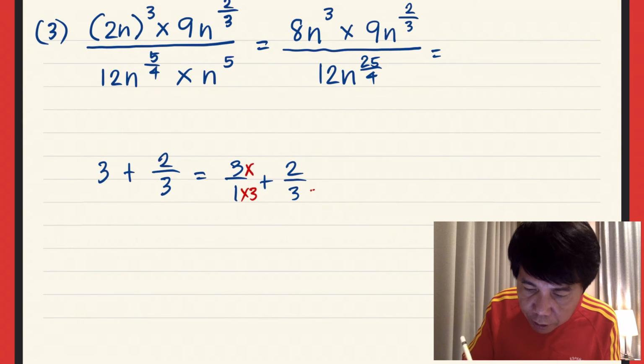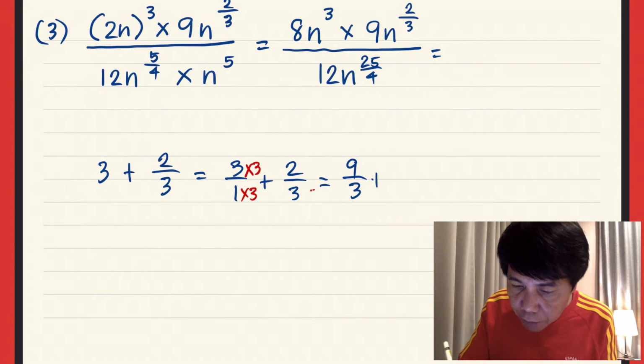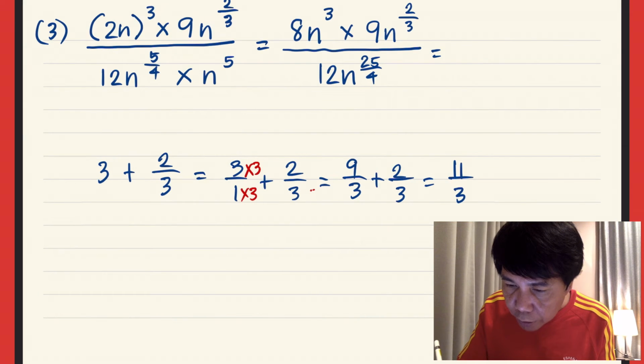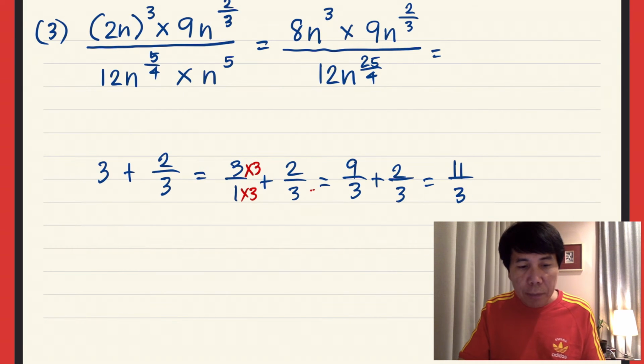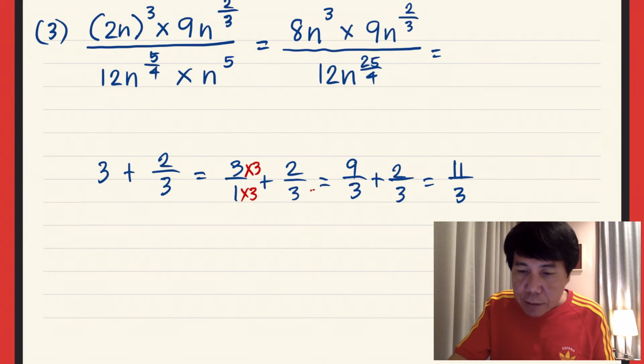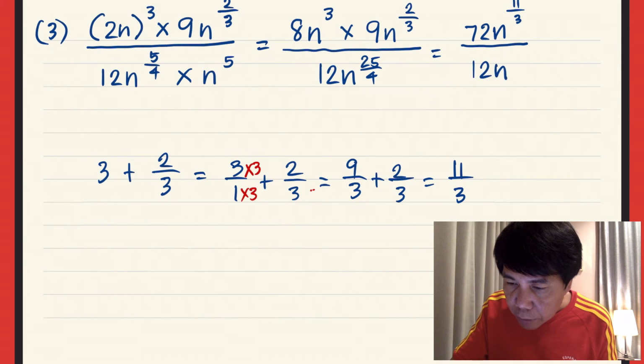So the equivalent fraction of 3 over 1 is 9 over 3, plus 2 over 3. So they are now similar. So it is 11 over 3. So in other words, we multiply 8 times 9 is 72n raised to the power of 11 over 3, over 12n raised to the power of 25 over 4.